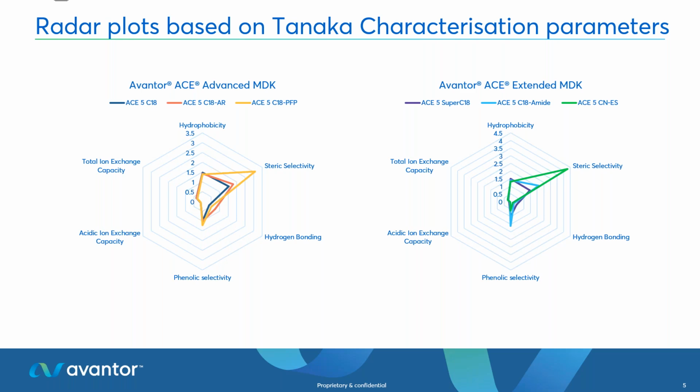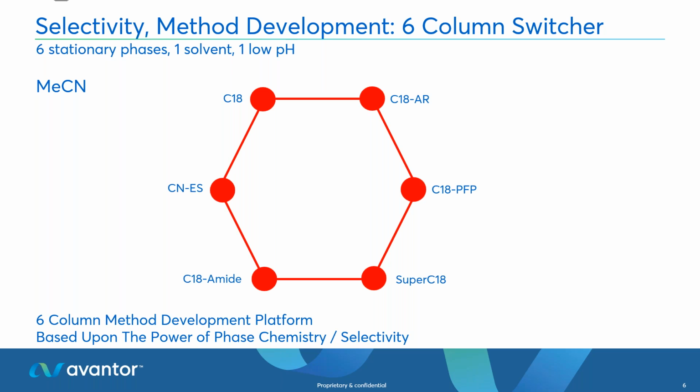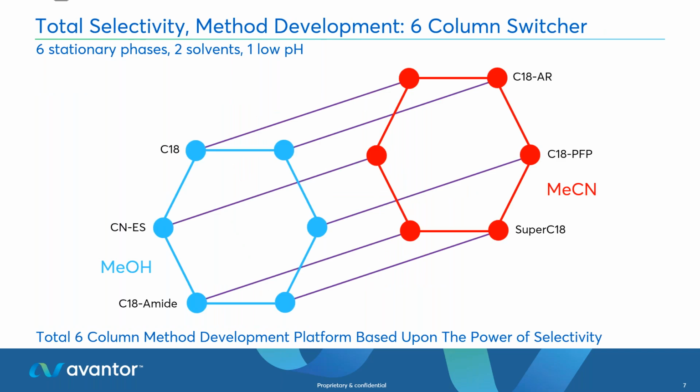So as I mentioned, we're quite lucky. We've got those 6 stationary phases that we can use in our screening platform, and we can then compare each of the columns against each other for a given sample of analytes. To make things wider in terms of that selectivity space, we can also add in a second organic modifier.